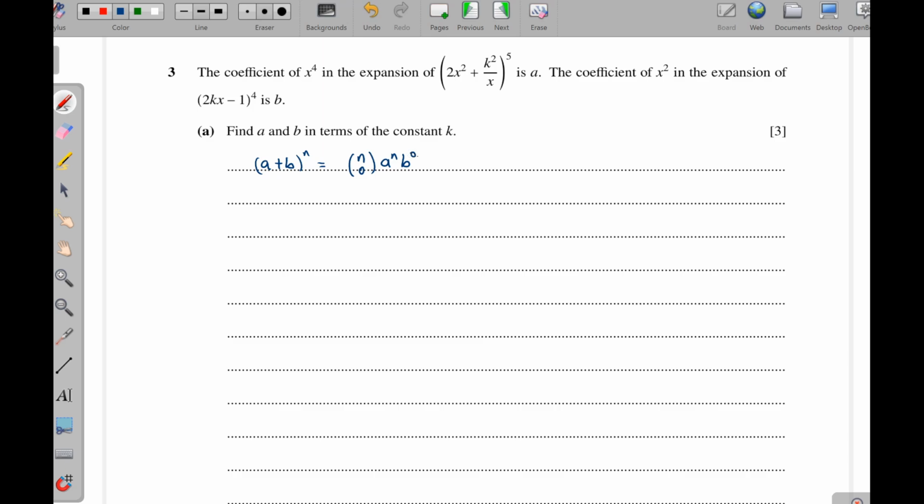So a begins with this power, and b begins with power 0, and the power of b is the one that goes into the combination. So plus n combination 1, then a power n minus 1. So a loses a power, and then b picks that power. So it continues on, until we get n combination n, then a is to the power of 0, and b is to the power of n.